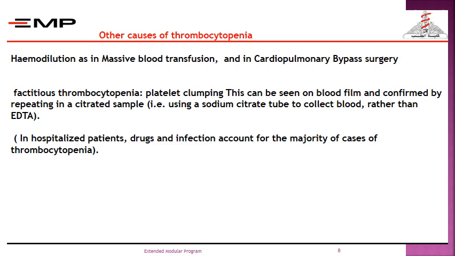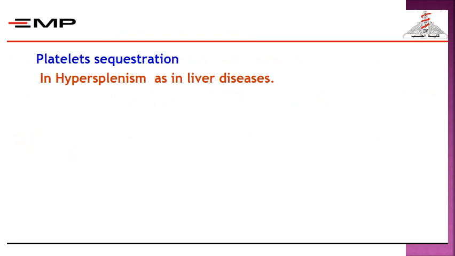In a hospitalized patient, drugs and infection account for the majority of cases of thrombocytopenia. Platelet sequestration, as in hypersplenism, which may occur in liver diseases, and may be primary hypersplenism without any other cause.